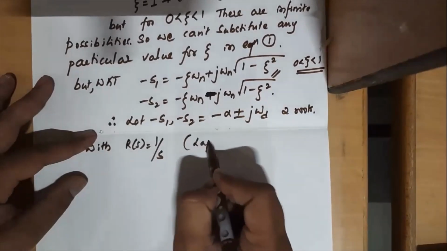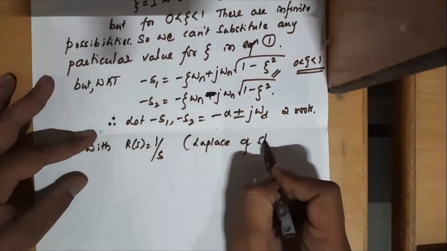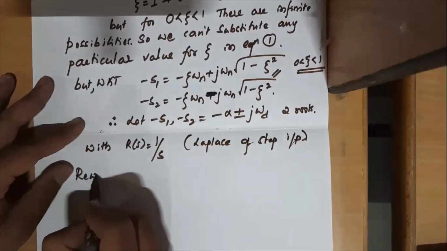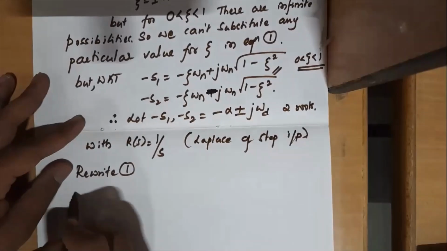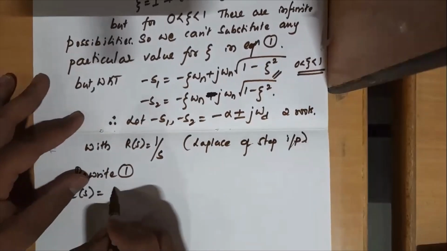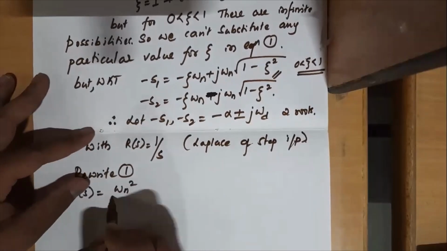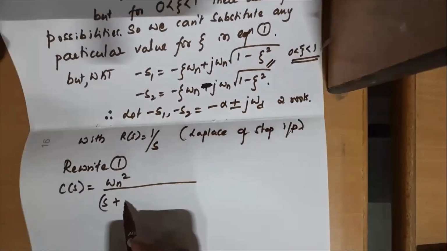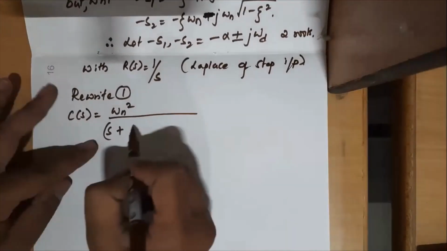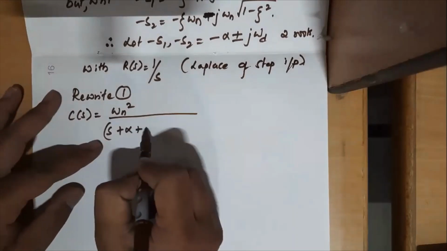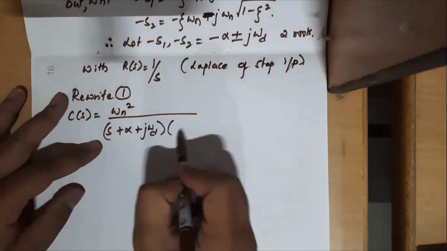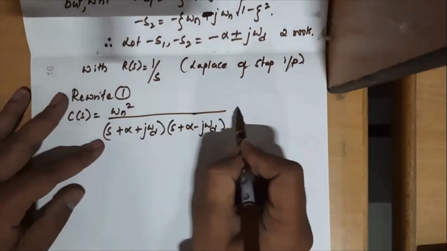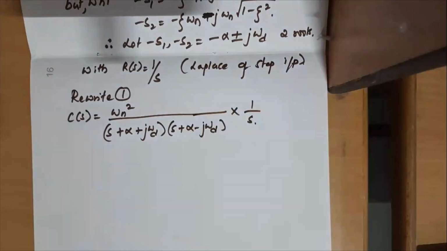The next step is, without any doubt, substitute the input Laplace as 1 by s for unit step function, and rewriting the previous equation 1, we get omega n square divided by s plus, now I will rewrite in terms of roots, therefore it is s plus alpha plus j omega d, and the other root is s plus alpha minus j omega d, into 1 by s.